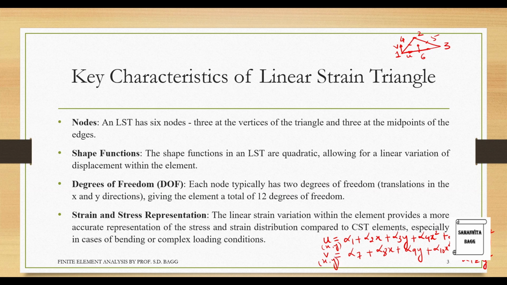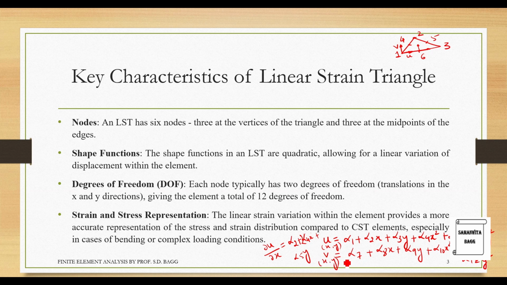Now suppose you calculate the strain, that is going to be the change in value of displacement over the x direction. So you can calculate the value by differentiating this entire term. So what will remain is alpha 2 plus 2 alpha 4 into x plus alpha 5y. So these are the terms which contain x.